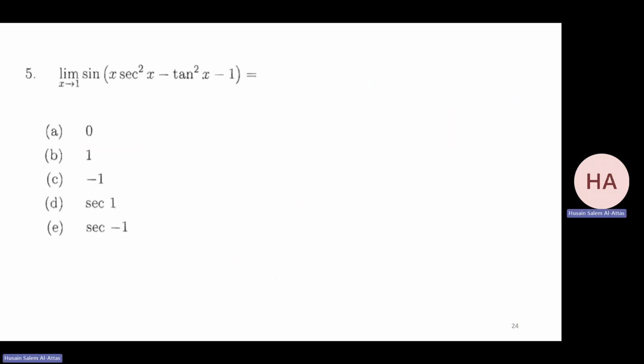And to find this limit, there's a trick here. Just calculation things. Substitute. It will be sine of 1 times secant square, which is secant square 1, minus tan square 1 minus 1. Notice 1 plus tan square is equal to secant square.